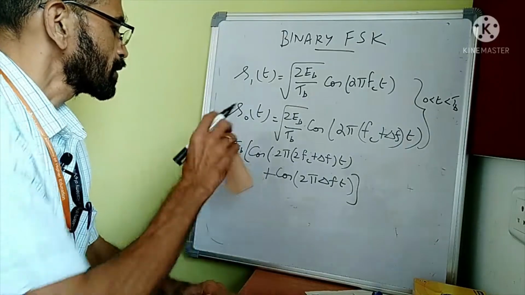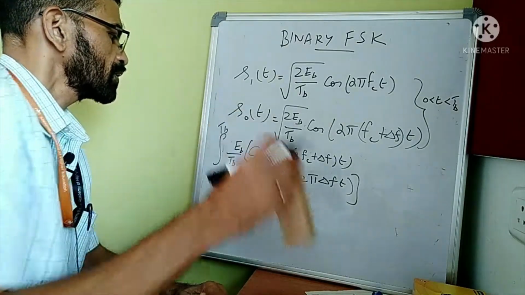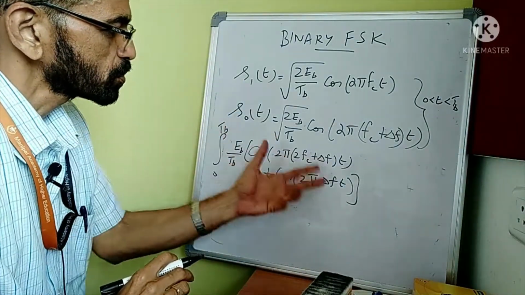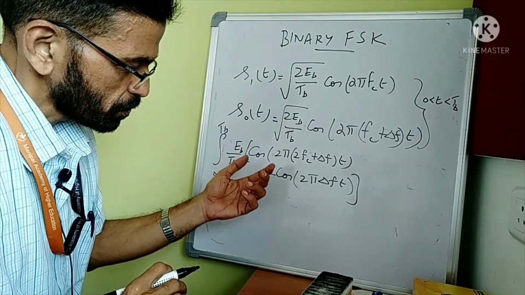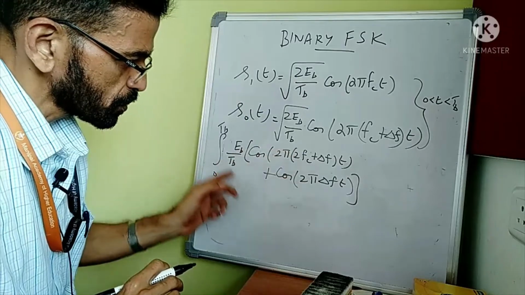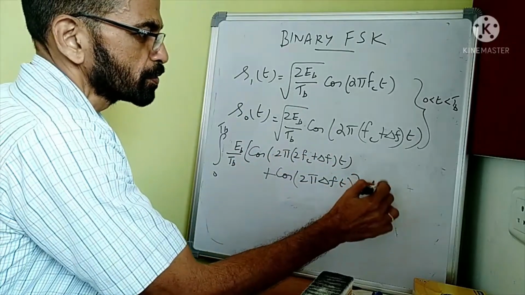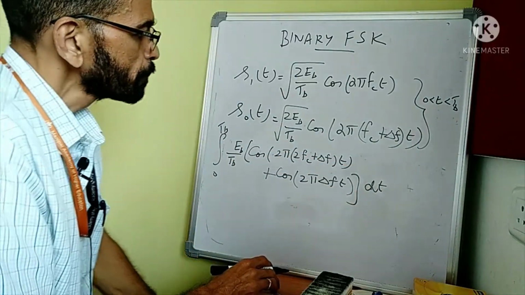That I can show like this. Anyhow, this is only a proportionality, because what we have to mainly see is what delta f should be set to if this result is 0, because this is the correlation coefficient or the inner product.